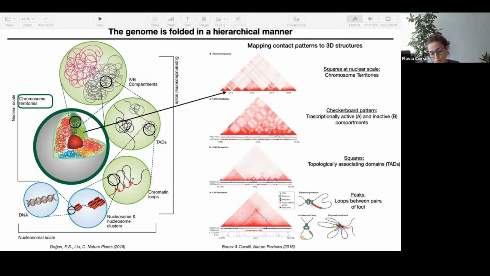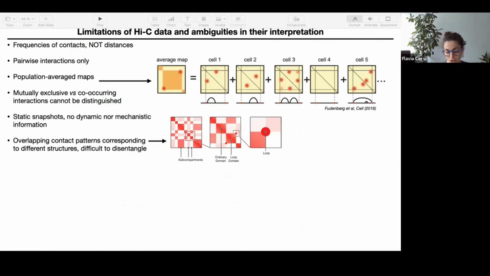But besides these numerous insights, Hi-C techniques have several limitations, and there are also several ambiguities in their interpretation. First of all, they measure frequencies of contacts and do not represent three-dimensional distances, and they provide only information about pairwise interactions, so higher-order interactions cannot be distinguished.